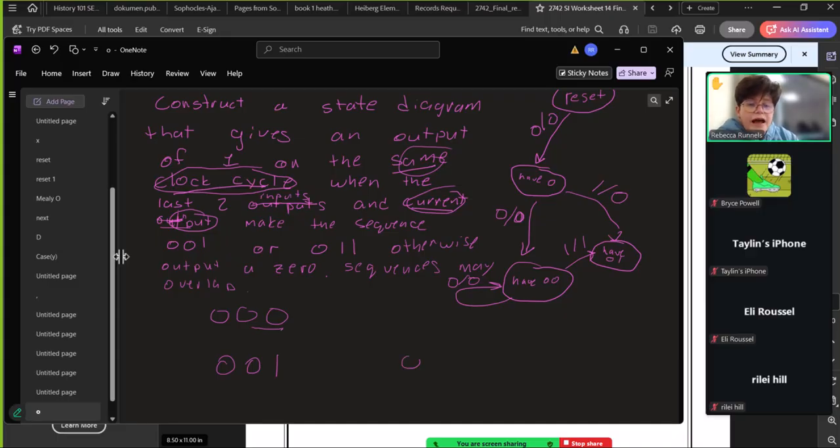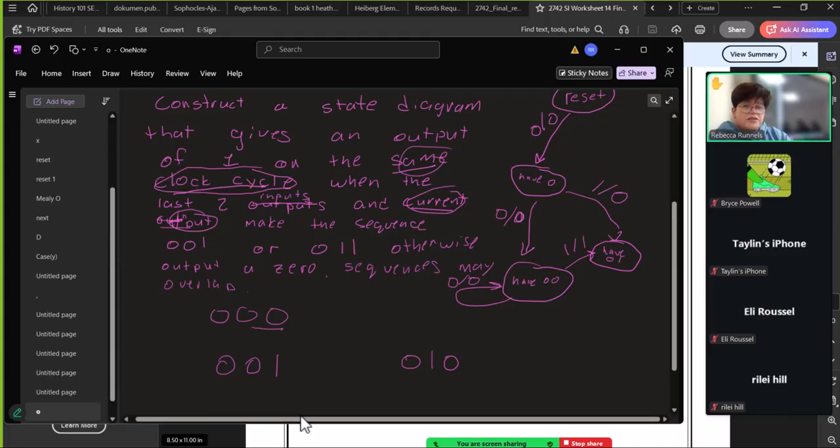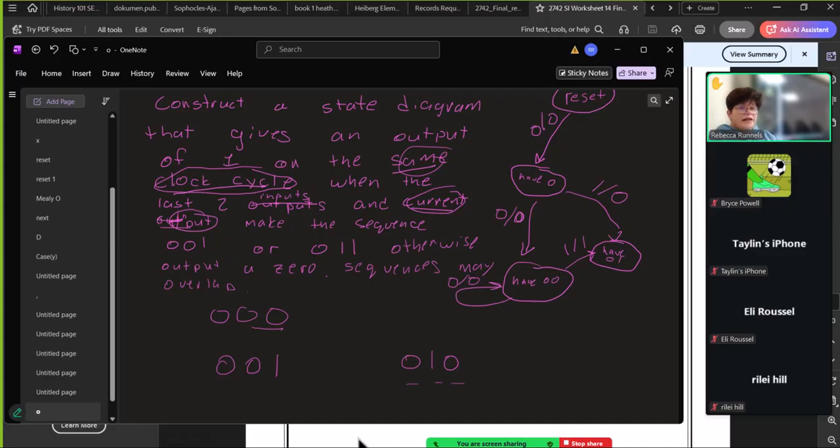Now if I have a 0, 1 and I get a 0, have I made progress towards a sequence? Now I have 0, 1, 0. No. Do I have to go all the way back to reset? No, I have a 0. So I can go back to have 0. That's why I labeled these states that way, because I thought it helps you see where you're going to. So 0 and 0.